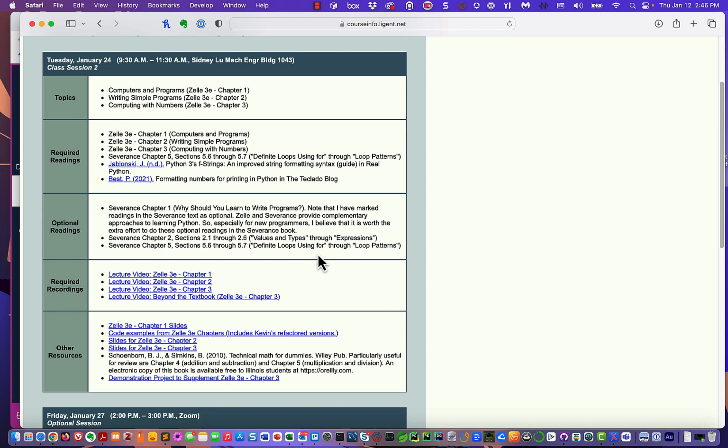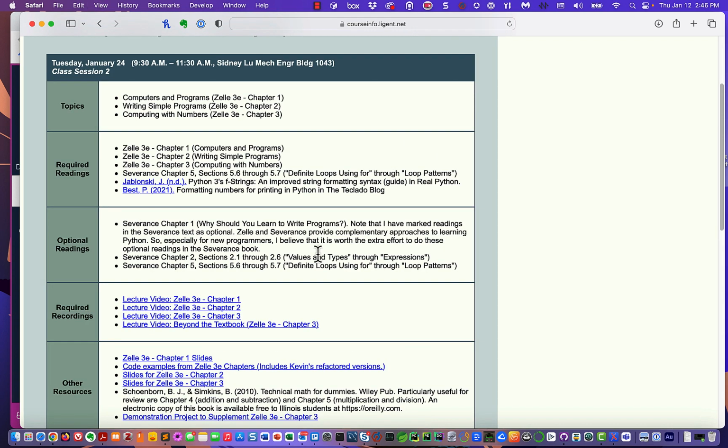Let's make this a little bit bigger so we can read it. Computing with numbers, and it's about the data types, int and float, and the arithmetic operations, addition, subtraction, multiplication, and division. And it's where we really get started.